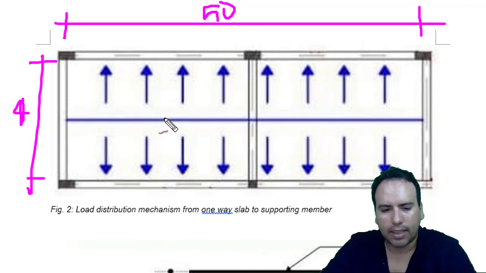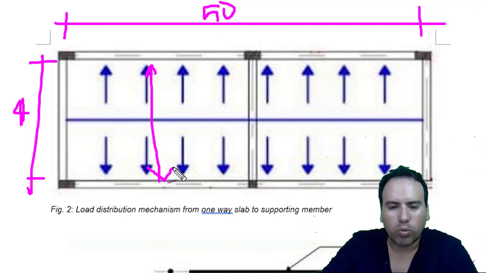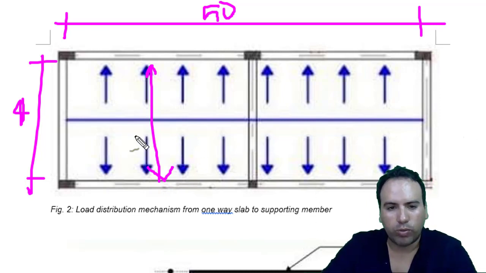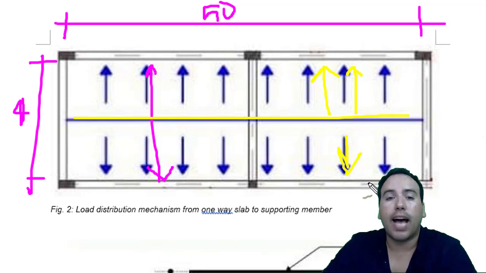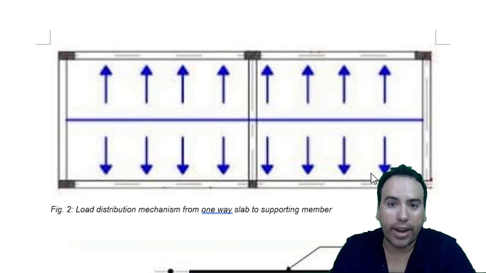The span of this is not that long, so it could work as a one-way slab, and pretty much all the forces acting on the slab, the load goes to either this side or this other side, and that's pretty much how the weight is spread.